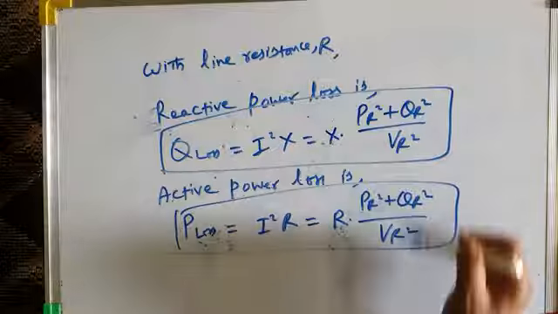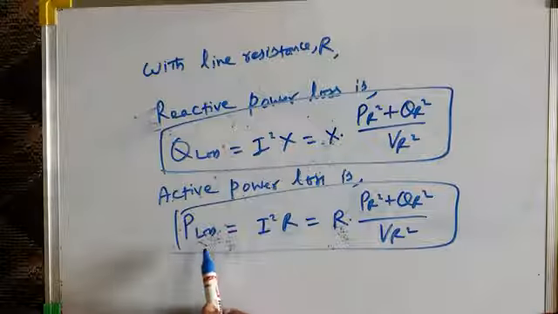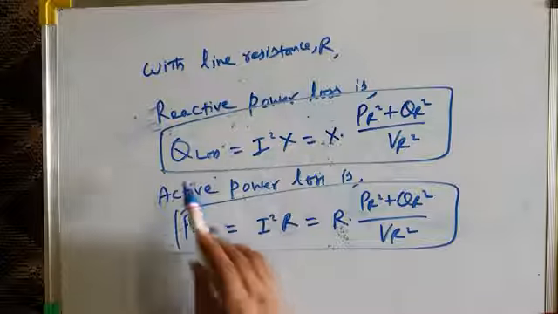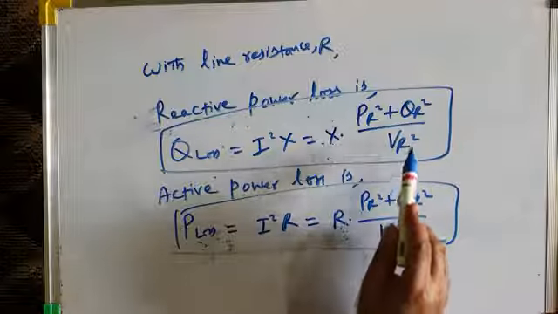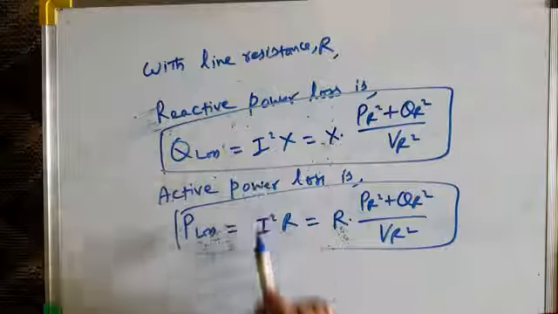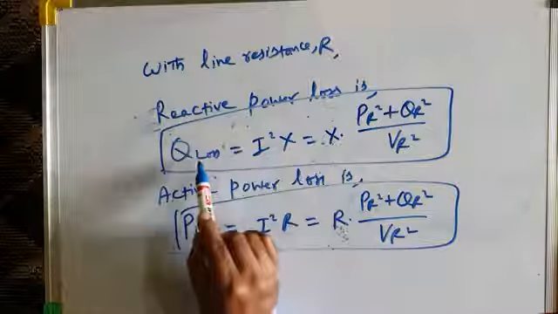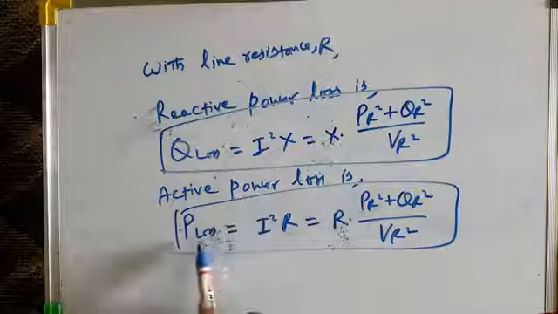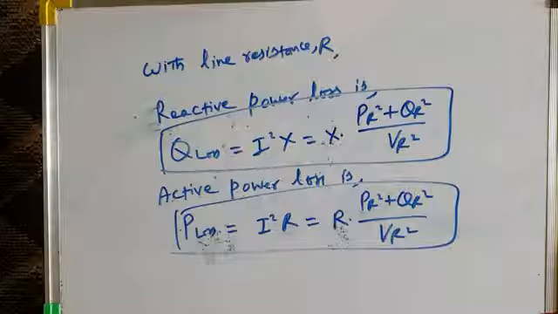In that case, when reactive power demand increases, that increases both active power loss, copper loss, as well as reactive power loss. Because if this QR component is increasing, you can see I increases in both cases. I square X, which is reactive power loss, and I square R, active power loss, both increase, and it is clear from these equations also.